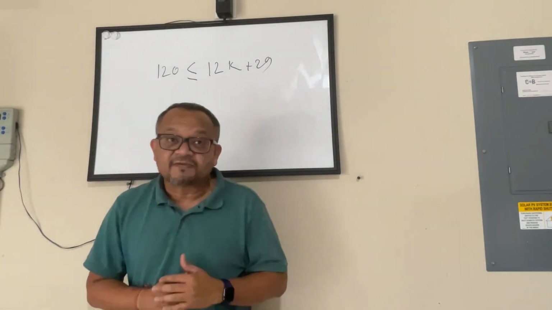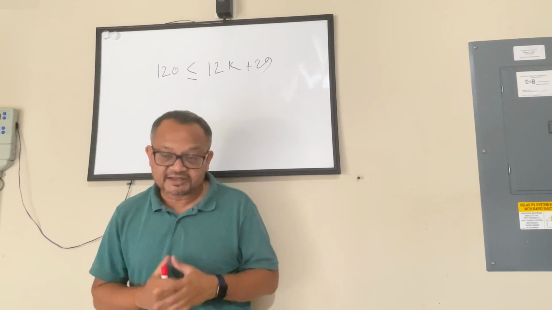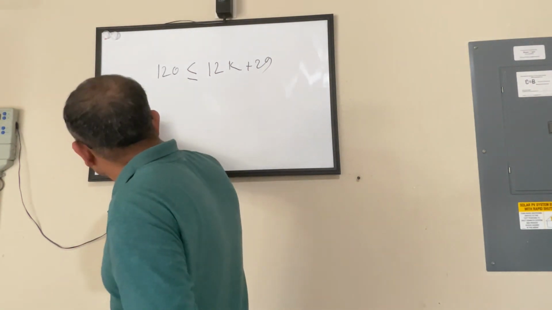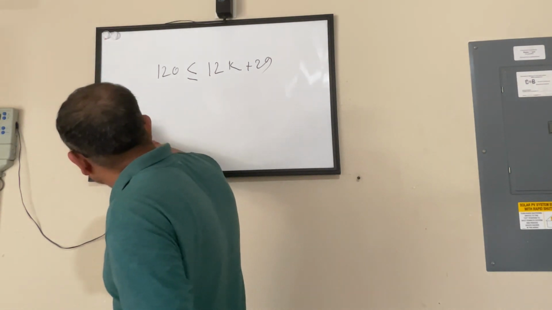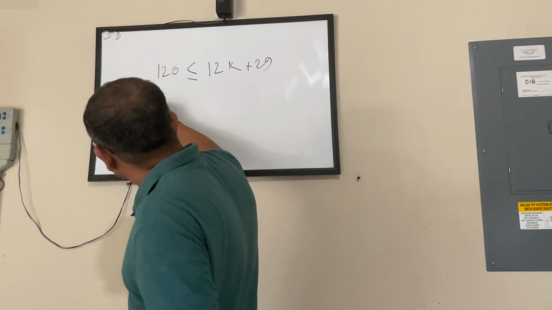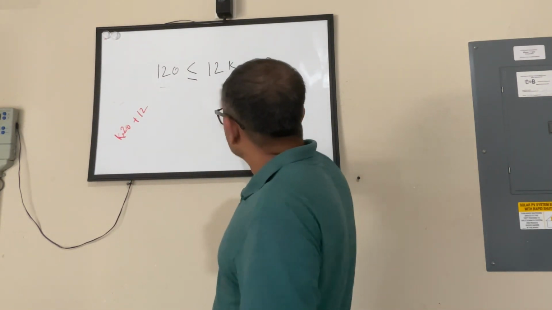If she collects buttons for K years, how many buttons will she have at least? That's the first statement. She collects 20 per year. If she does it for K years, so K into 20, and she has 12 buttons. See, this is nowhere close to this equation.